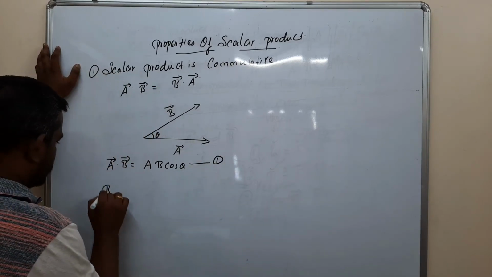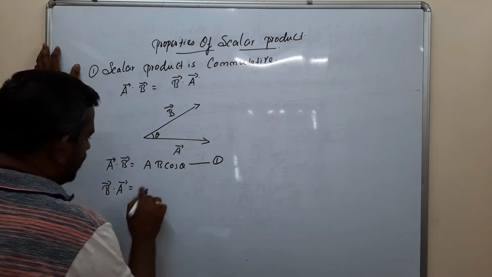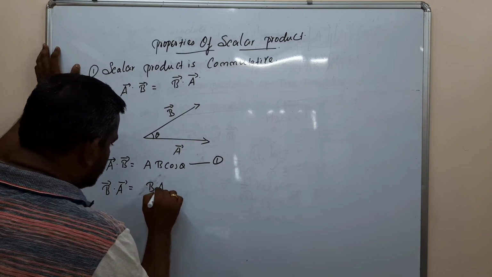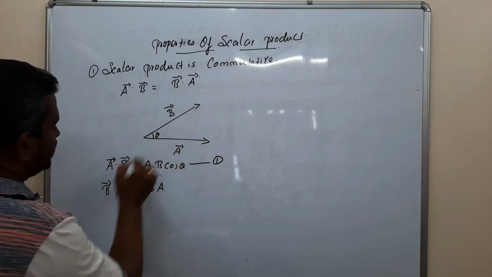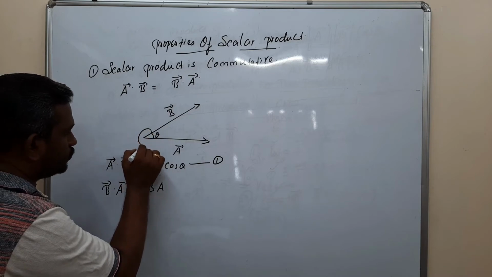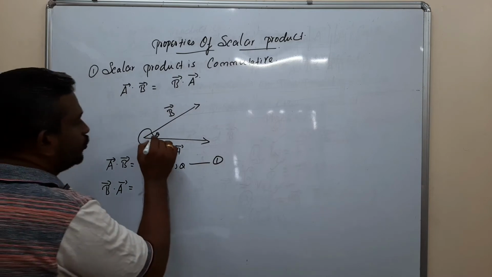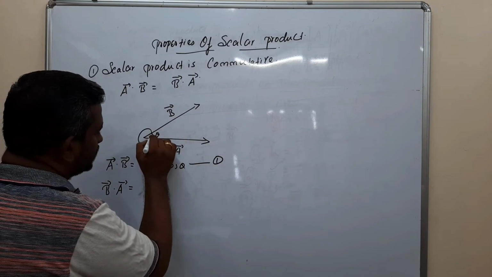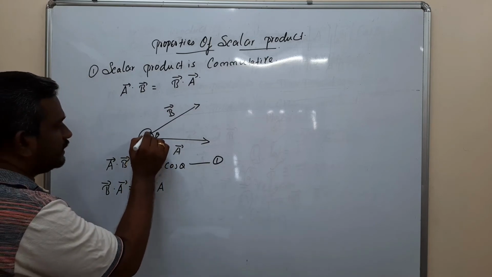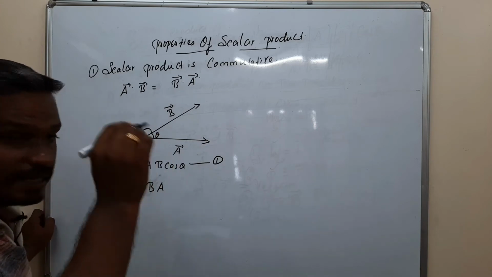What is B vector dot A vector? B vector dot A vector is equal to BA times cosine of the angle. If you find B vector dot A vector, the angle from B to A is measured in the anti-clockwise direction, so you don't take theta as the angle.